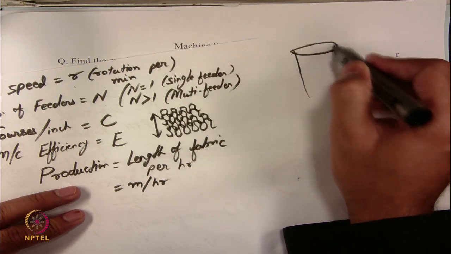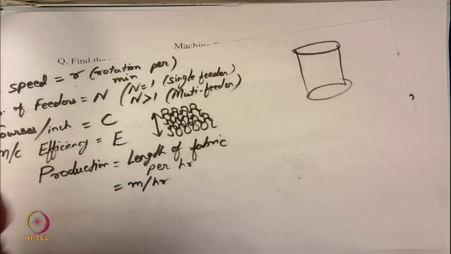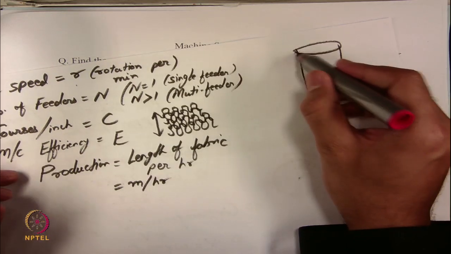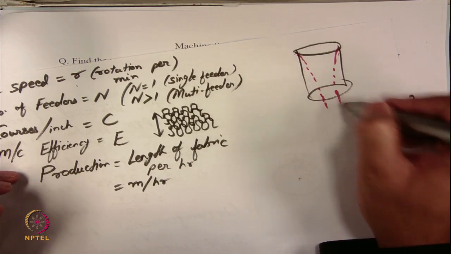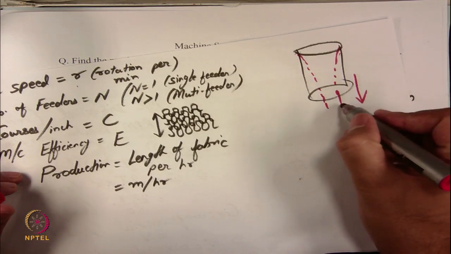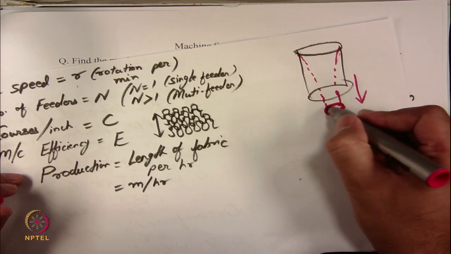So, this was the cylinder and the fabric was being formed like this. So, this is the length direction and it was wrapped on the spool.